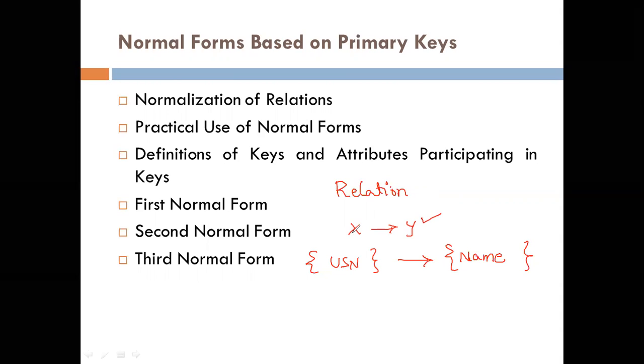So functional dependency is when a set of attributes uniquely determines the values of another set of attributes. Next we shall study the normalization of relations, its practical uses by defining the various types of keys and attributes that are participating in a key, and later on we will discuss first, second and third normal forms.